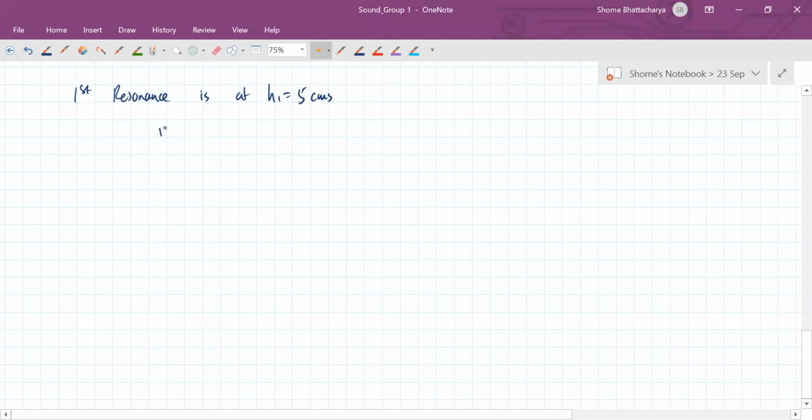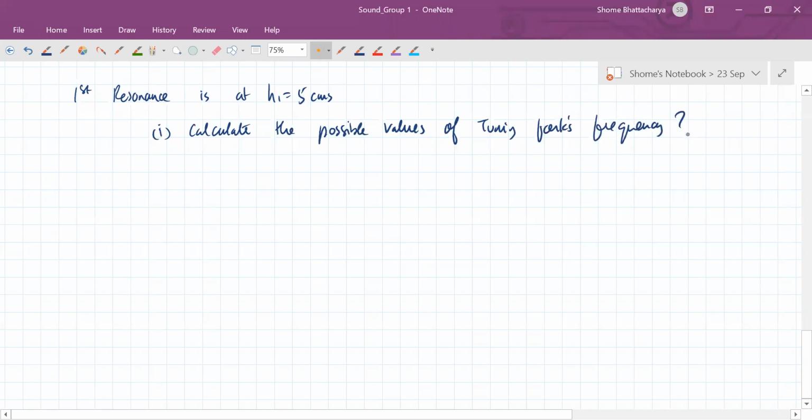Now the first thing we can do is calculate the possible values of the tuning fork's frequency. Let's do that first. Okay. In the second case, I will give you a value now.